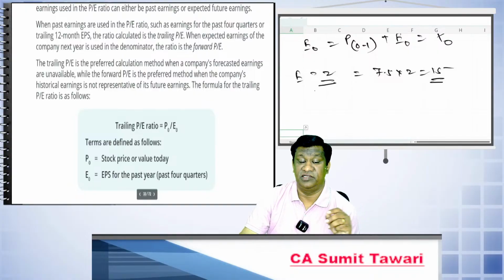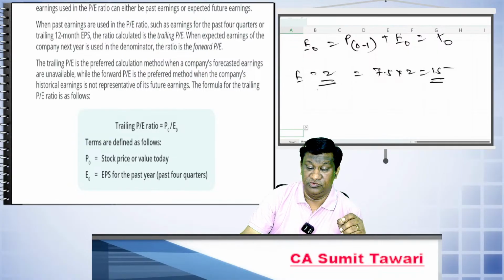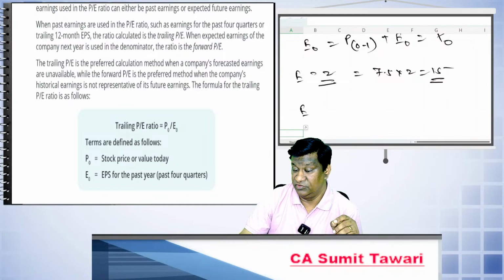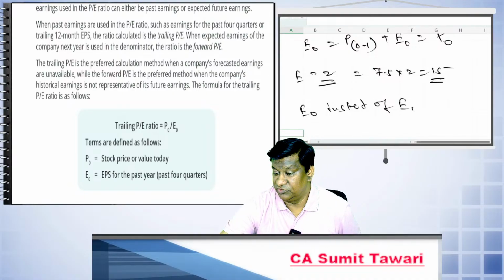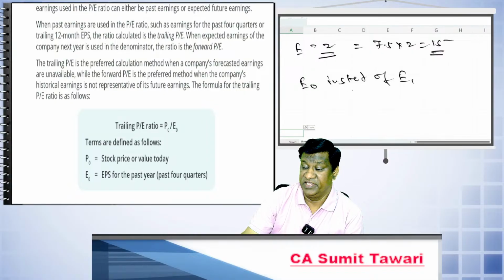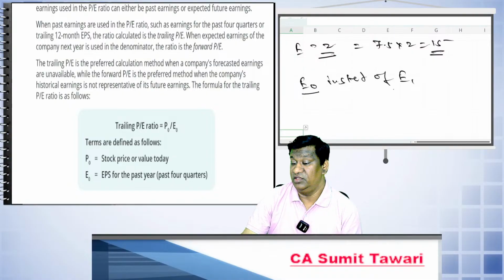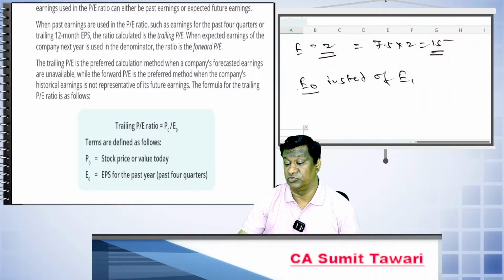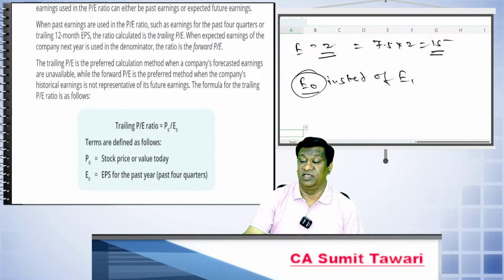If they mention the data for trailing PE ratio, then you need to consider E0 instead of E1. Since this is a comparison, if you consider the PE ratio with E0, then the earning you use is also E0, meaning the last year's earning.